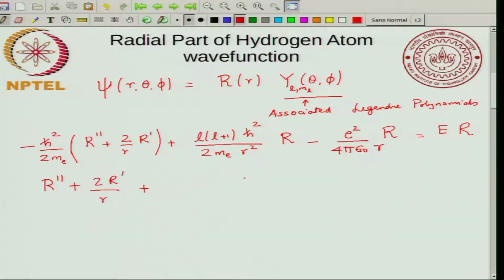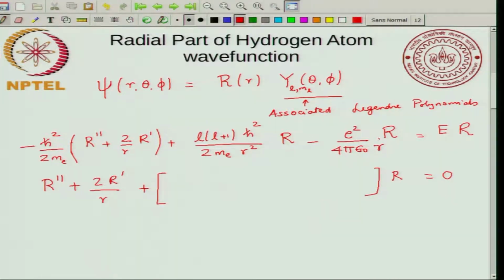When you write the remaining terms, now I will have 2 E multiplied by 2 m_e by h cross square. What I will do is take this factor over there, and write this whole thing multiplied by R equal to 0. So, what I want to do is to write something multiplying R.